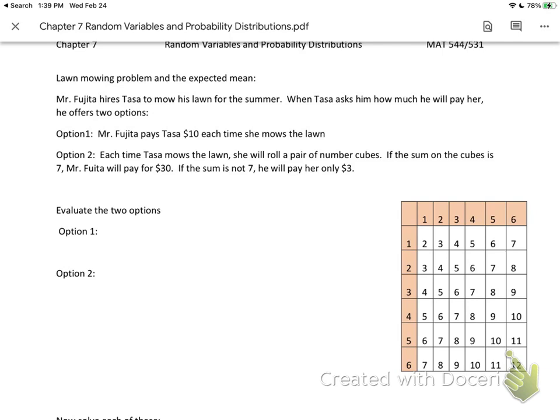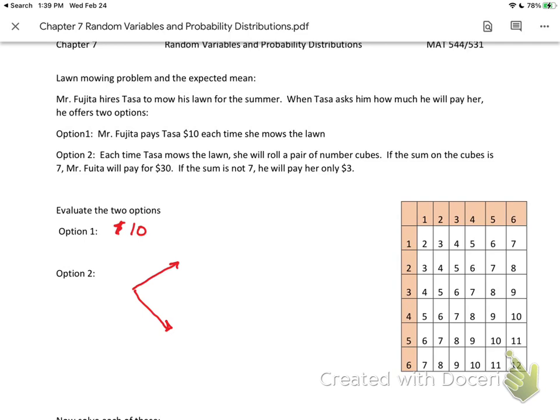For option 1, each time she mows the lawn, her expected earnings is going to be exactly $10. No variations. But if she takes the second option, what is her expected value then?